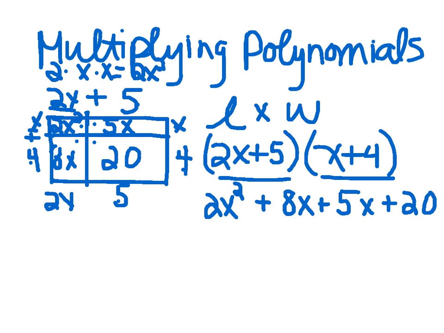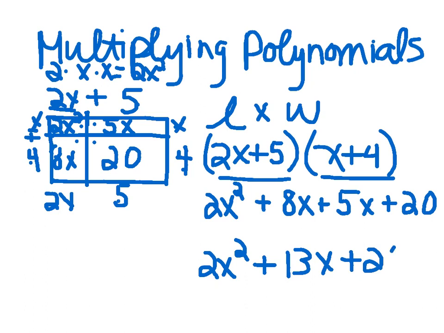And clearly I can then combine the like terms and get 2x squared plus 13x plus 20. Notice, some of you may have thought it would be just 2x squared plus 20, but that would have left out this entire area and this entire area.